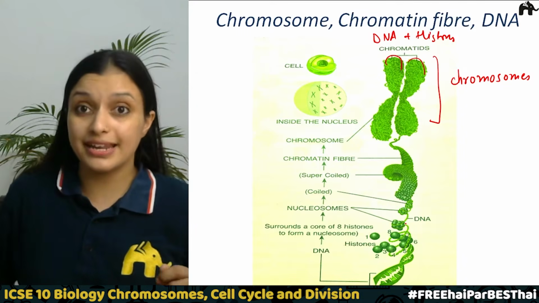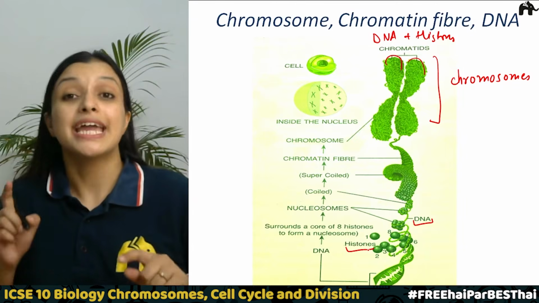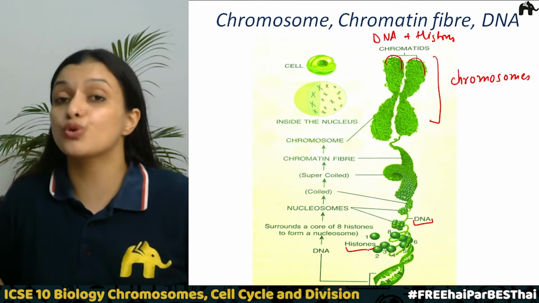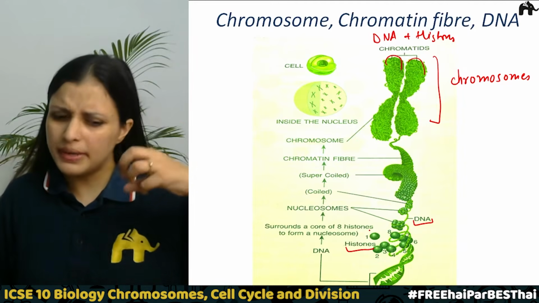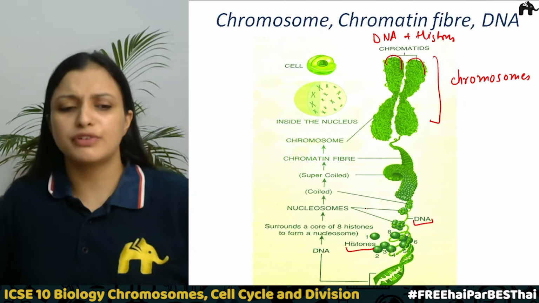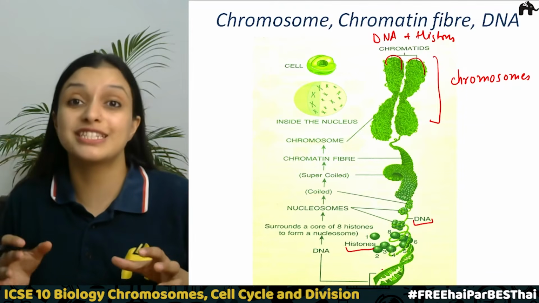And what is there inside? It is DNA and histones. How many histones? 8 histones. So it is a histone octamer. Now zooming into more detail of this structure, we will see something like this, the strands of DNA.